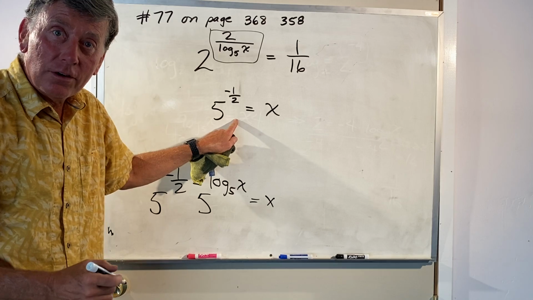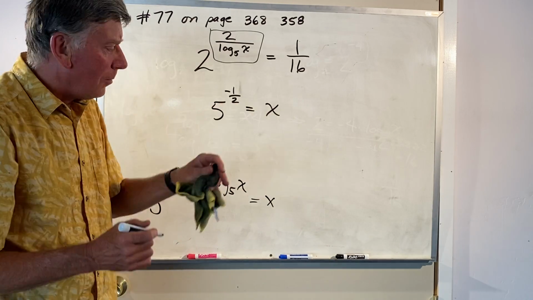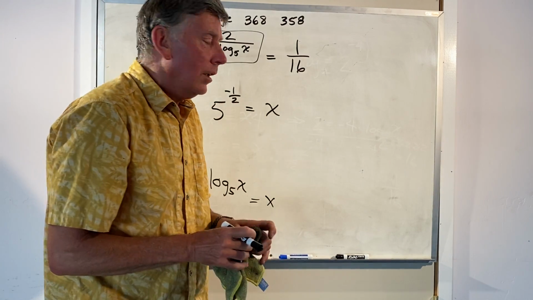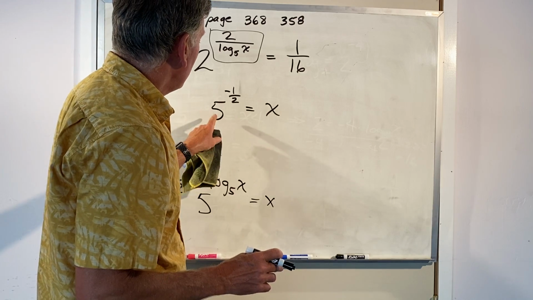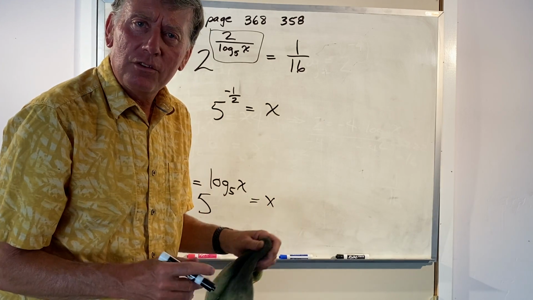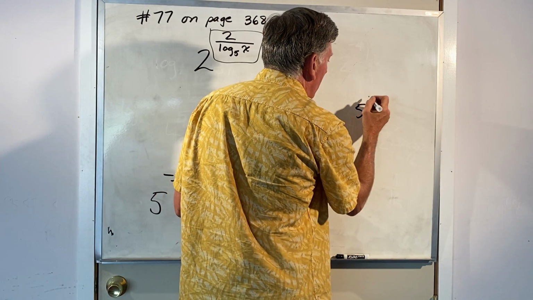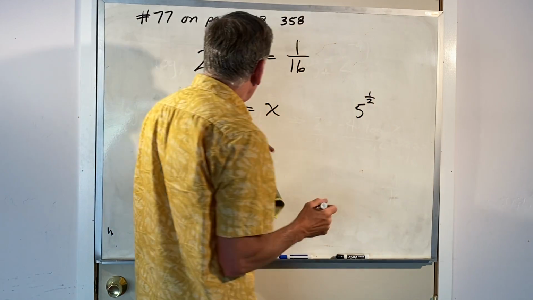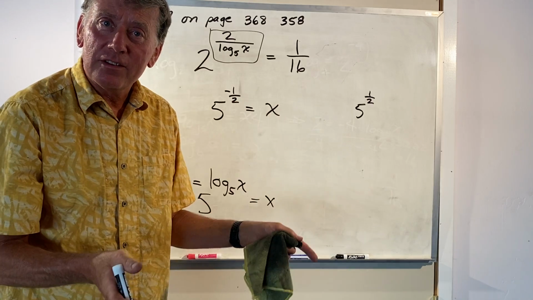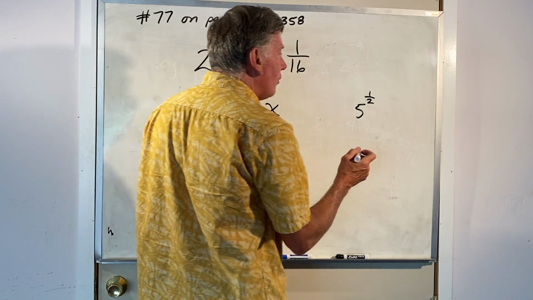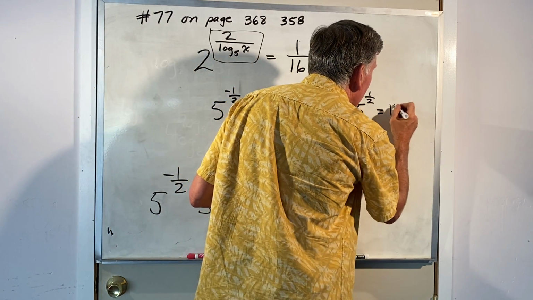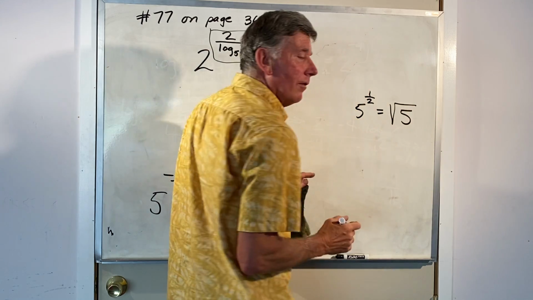This is my answer. But 5 to the minus 1/2 power, so many people get stuck on this. They think, what is 5 to the minus 1/2 power? First of all, what's 5 to the 1/2 power? Because the minus sign says put it in the denominator. Well, 5 to the 1/2 power is the square root of 5.